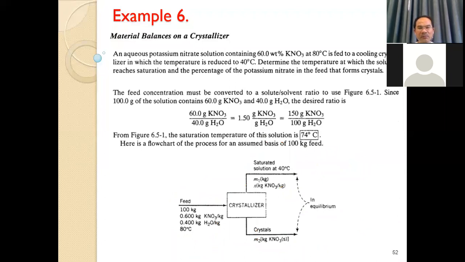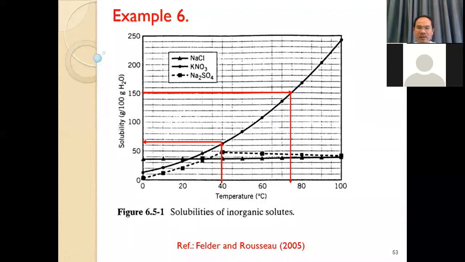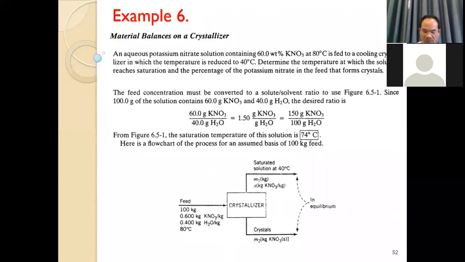Then we can convert to a solute per solvent ratio, because we have to determine the saturation from the solubility curve. We feed 60 grams of potassium nitrate per 40 grams of water, the total being 100. Multiplying by 0.6, you get 60 kilograms of potassium nitrate per 40 kilograms of water.